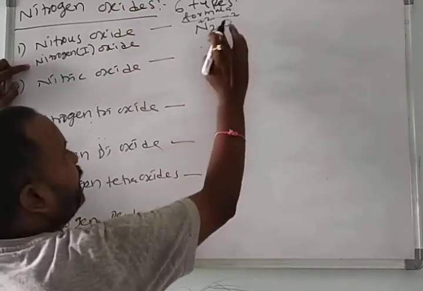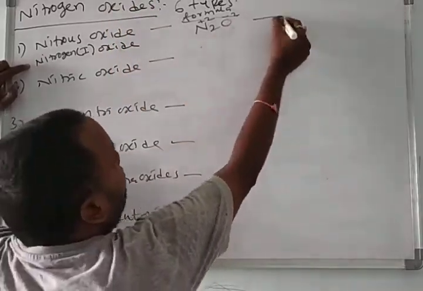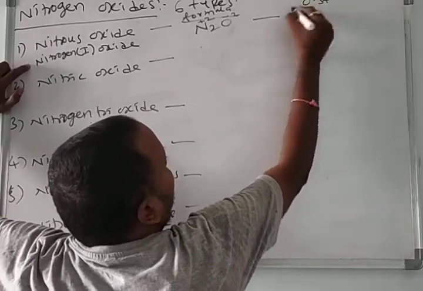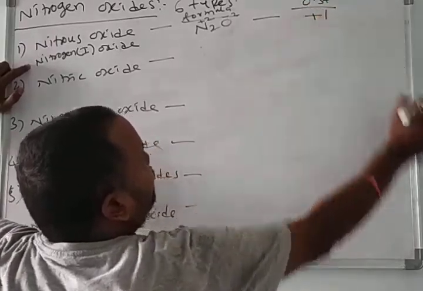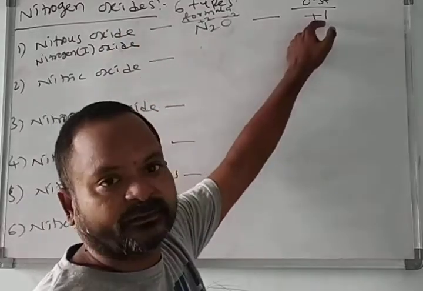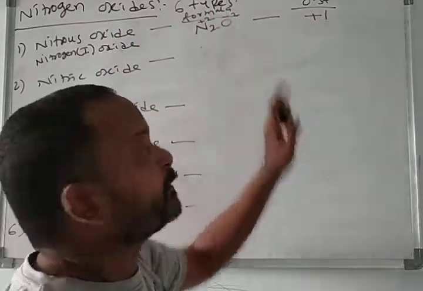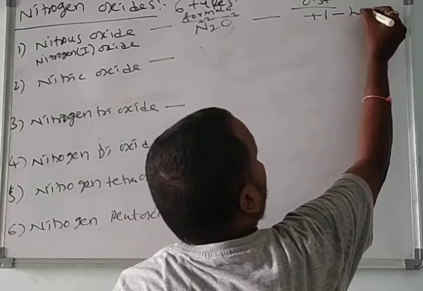This is the formula of nitrous oxide. In nitrous oxide, the nitrogen oxidation state is +1. Nitrous oxide is also called laughing gas.